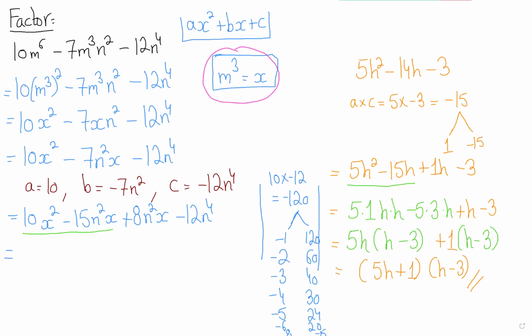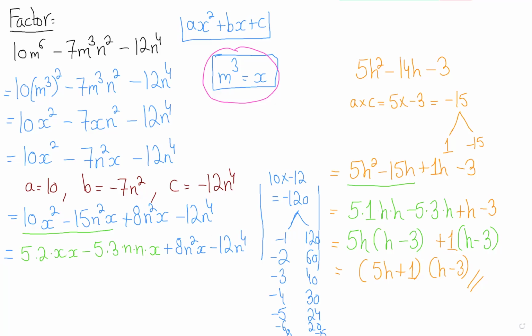So the factors of 10 are 5 and 2. And then I have times x squared, which can be written as x times x. Then I have negative 15 can be written as negative 5 times 3. And then I have n squared, which can be written as n times n. And then I have x. And let me write everything else in blue. Plus 8n squared x minus 12n to the power of 4.